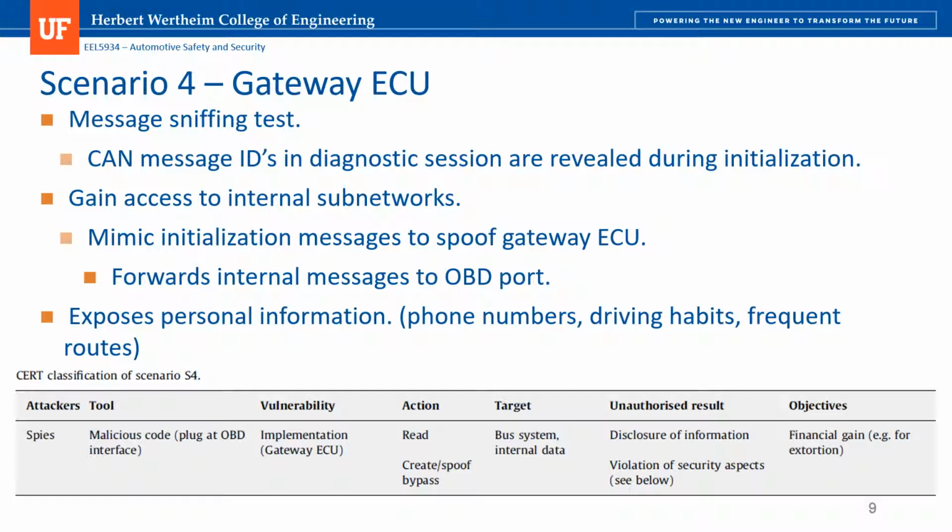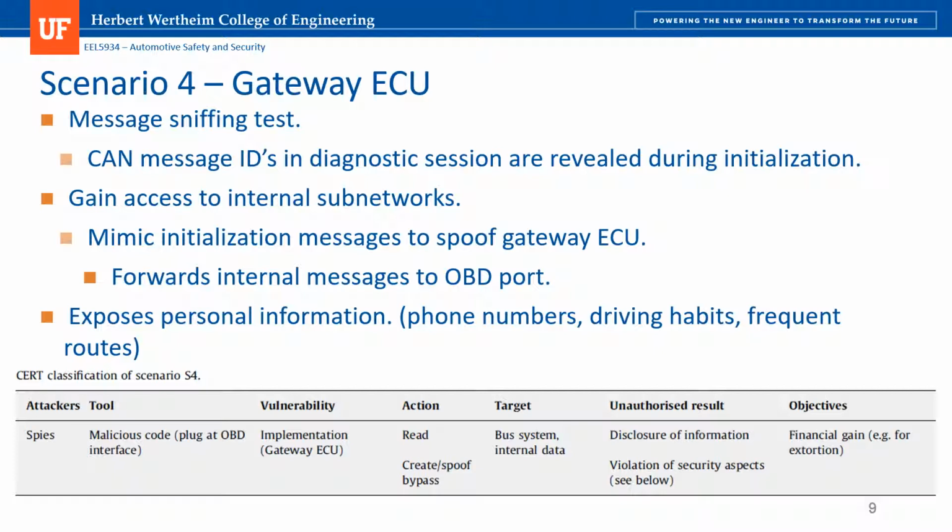For this scenario, the CERT classification is shown below. The attackers would be, in this scenario, spies. The tool, again, malicious code. The vulnerability would be the implementation of the initialization phase of the gateway ECU.